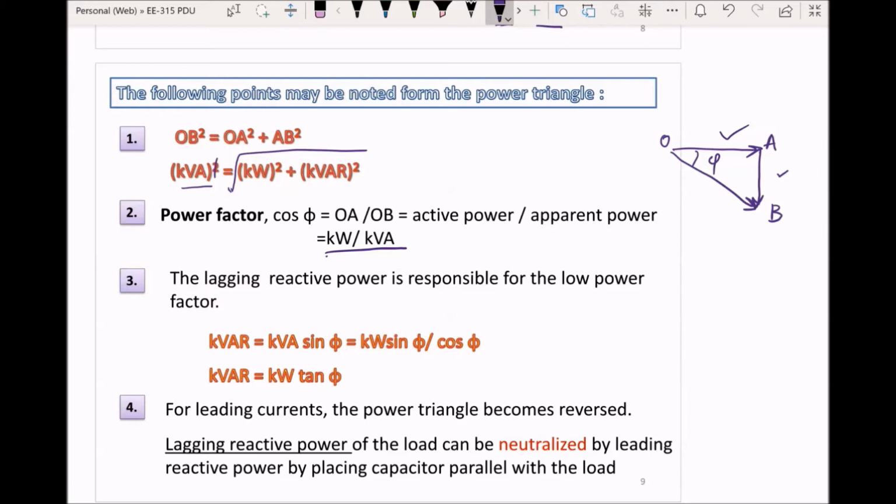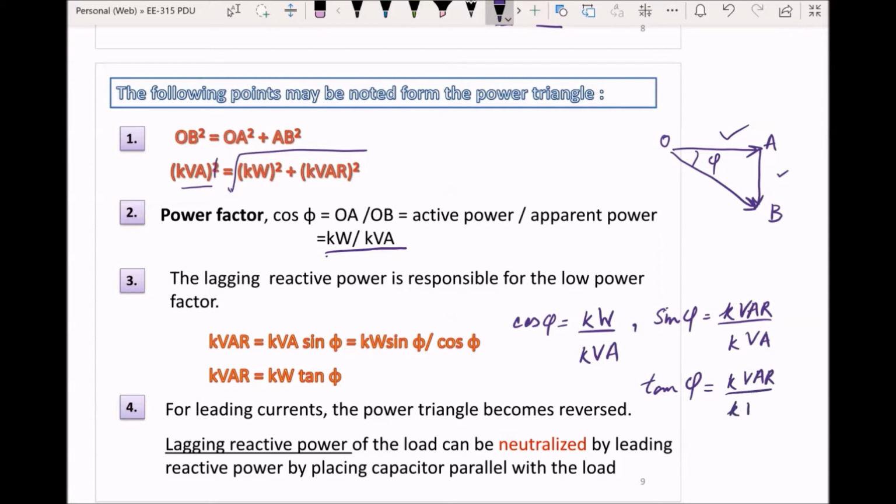If cos phi equals kilowatt by kVA, which is the power factor, and sin phi equals kvar, the kilo reactive power, divided by kVA, then tan phi, where phi is the phase difference between the voltage and current, is equal to kvar divided by kilowatt.